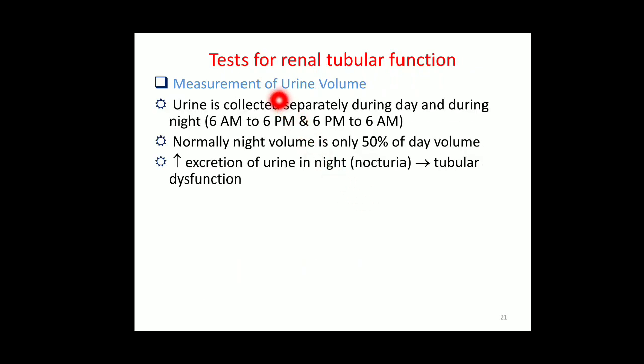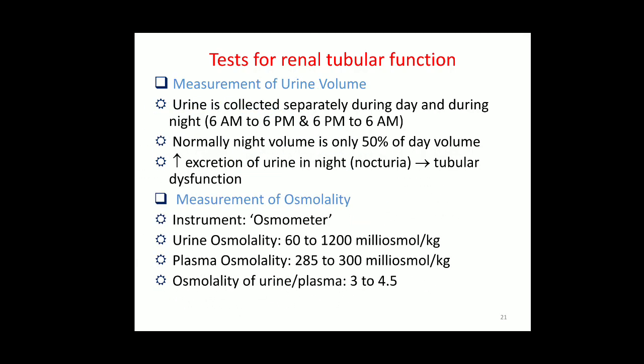Then tests for renal function. Measurement of urine volume. I told you oliguria, polyuria and all. Per day how much is excreted we will analyze. Then osmolality by using osmometer. Normal is 62 to 200 milliosmoles per kg.